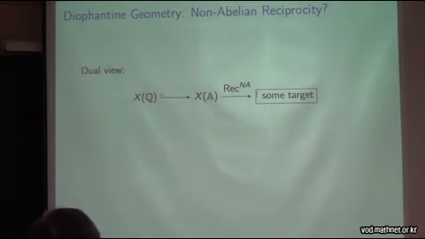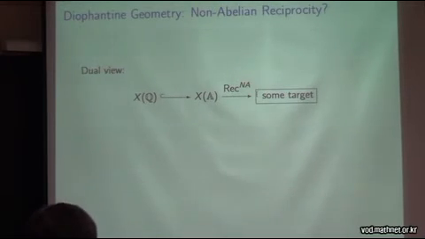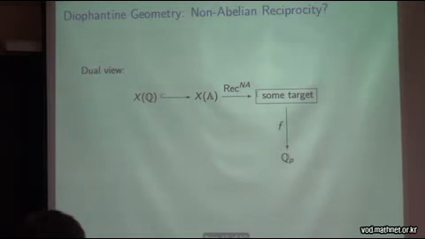Another way is to take a slightly dual viewpoint. So I'm not going to emphasize this today, but this is something that is sometimes easier to make concrete. The dual view would be to not focus so much on the reciprocity map, but instead think about defining functions on this target, whatever it is, in such a way that whenever you have a function here, you can pull it back to a function on the local points that annihilates the global points.